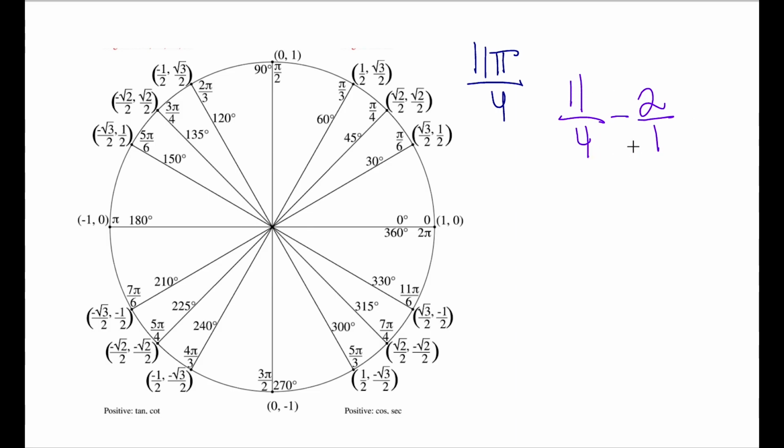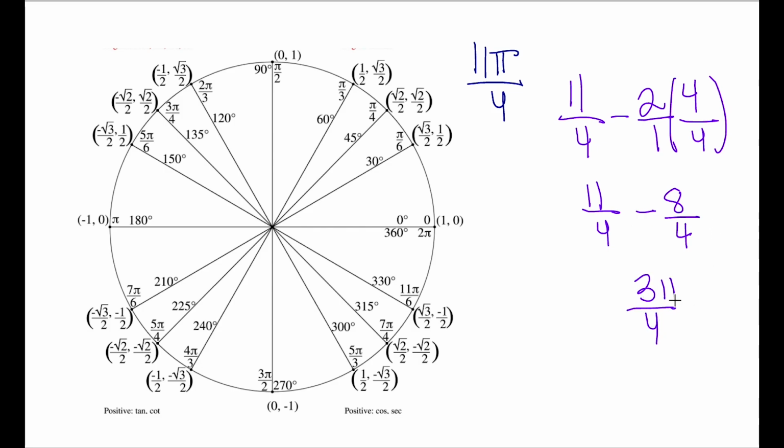So 11 over 4 minus 2 over 1, multiply the second fraction by 4 over 4. Now we have a common denominator. 11 over 4 minus 8 over 4 equals 3 over 4, and add a pi back in.